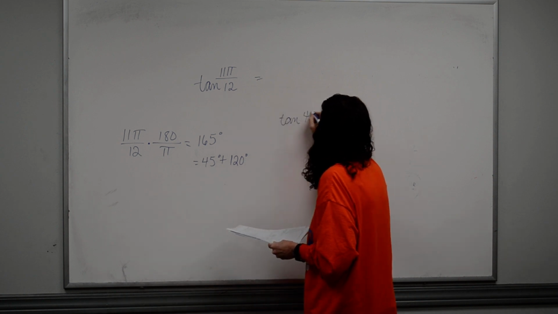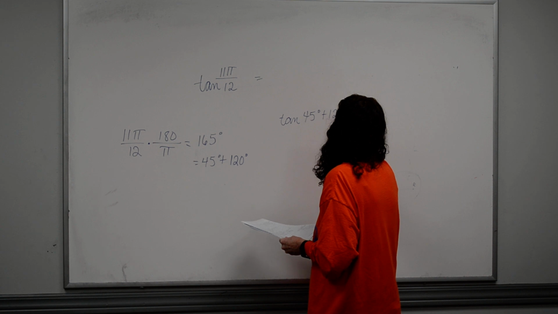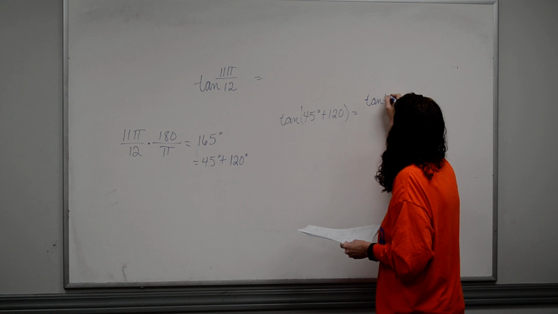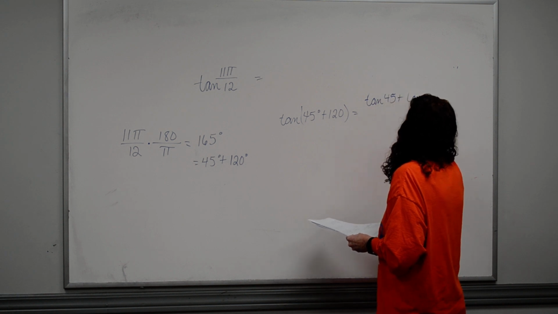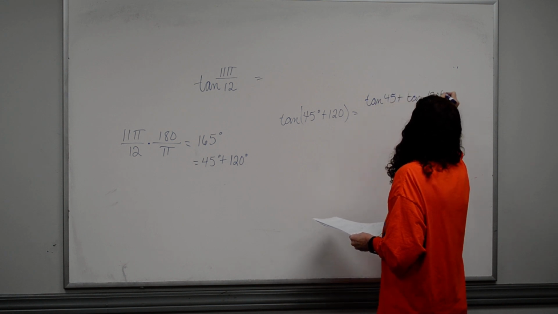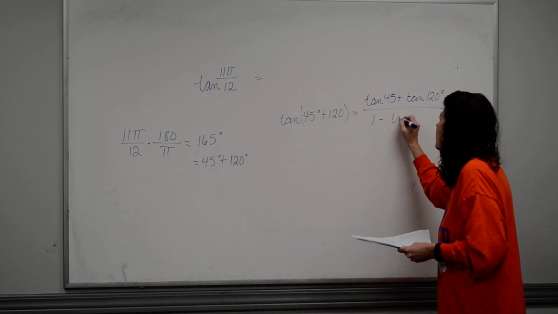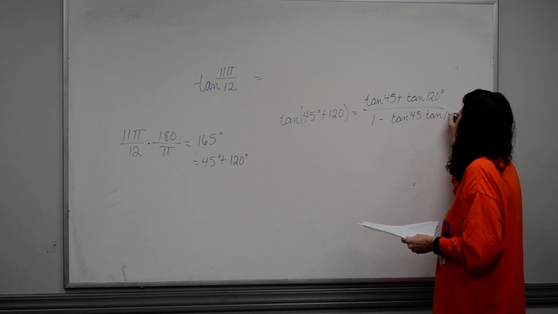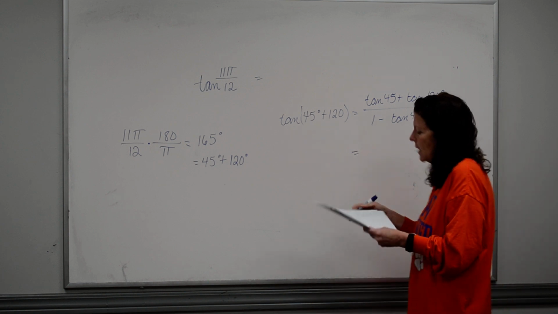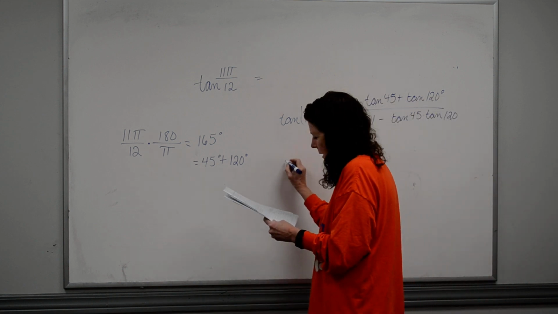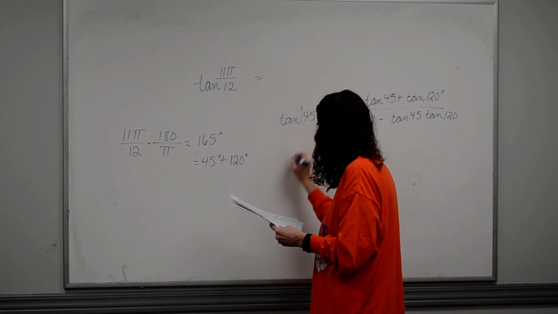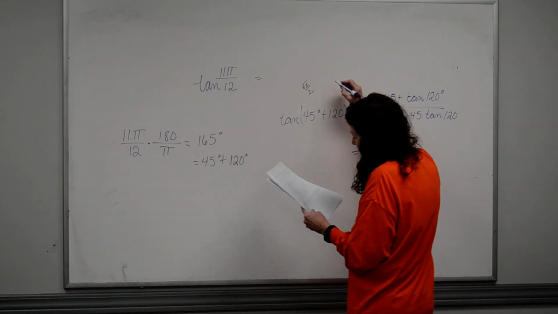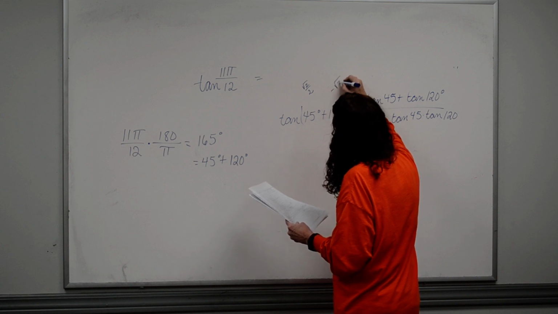The tangent of 45 degrees plus 120 is going to be equal to the tangent of 45 plus the tangent of 120 over 1 minus the tangent of 45 times the tangent of 120. Okay, and then I just substitute in. I know the tangent at 45 is the square root of 2 over 2. And the tangent at 120, if I do it out, is going to be negative square root of 3.